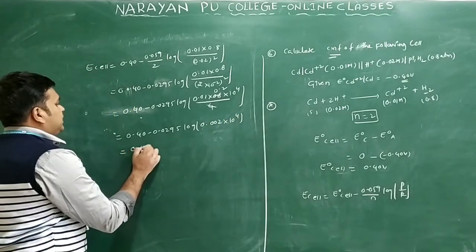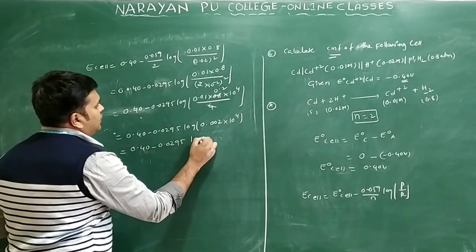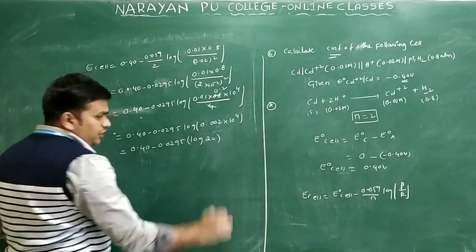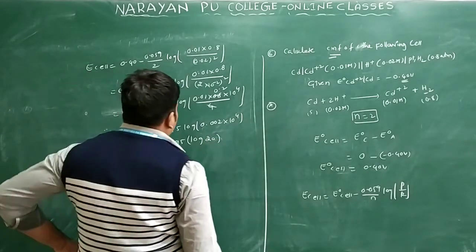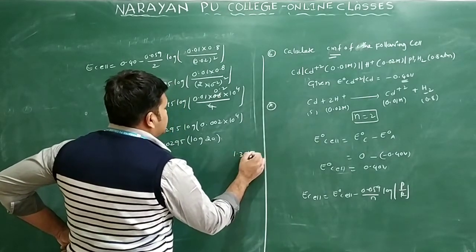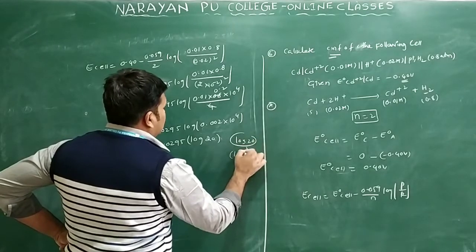From this I will write 0.40 minus 0.0295 into log 20 only. So what is the value of log 20? Log 20 is 1.3010 only.